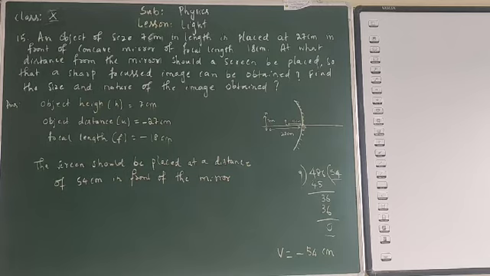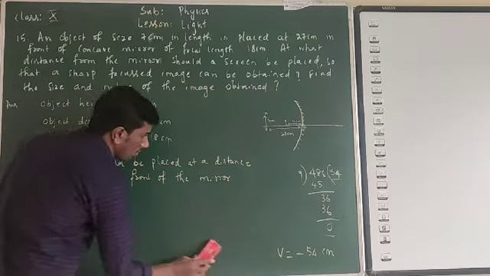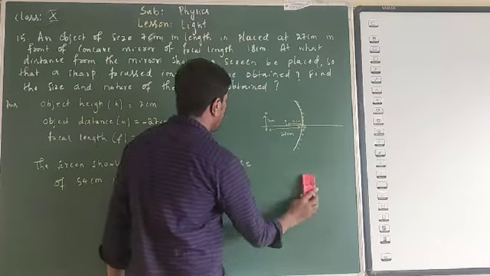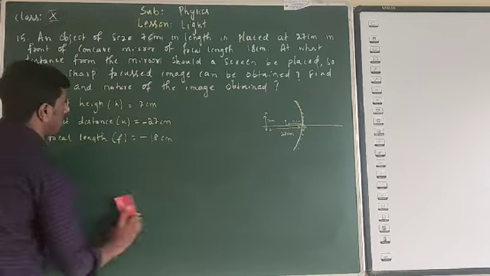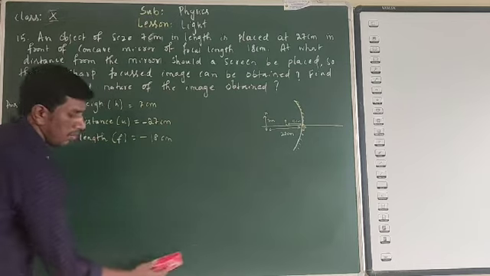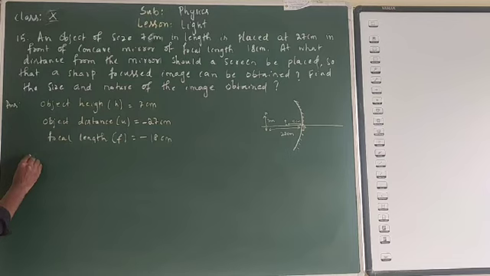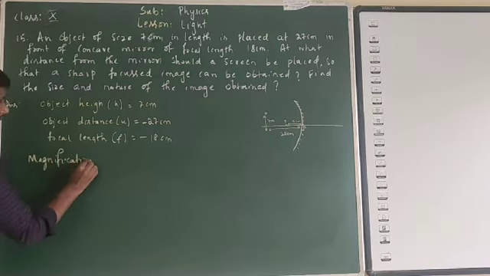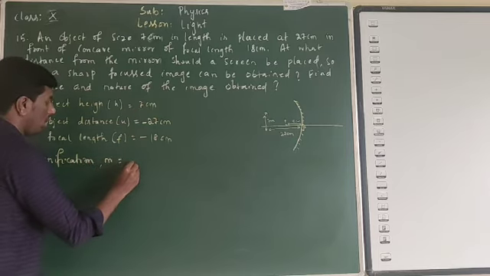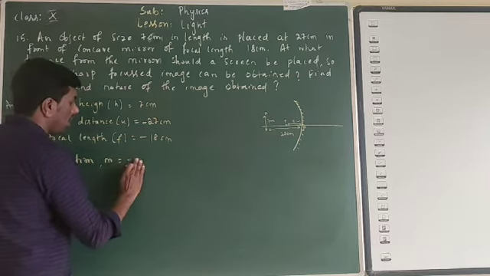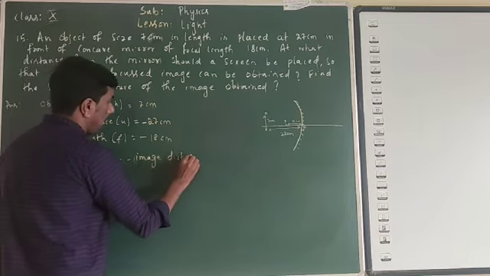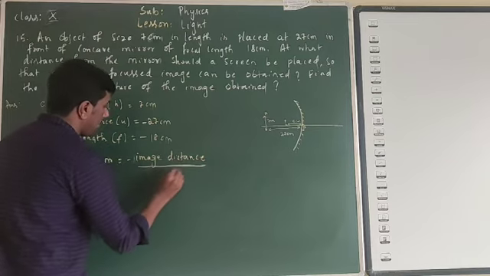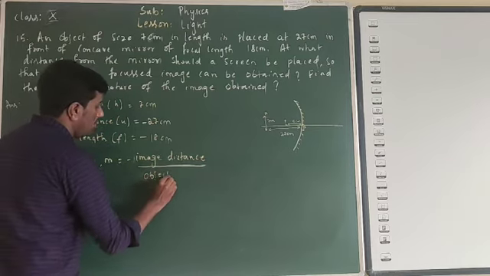So we'll write m is equal to magnification. m is equal to minus image distance divided by object distance.